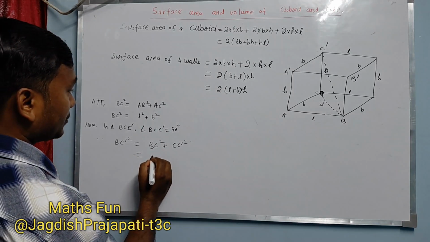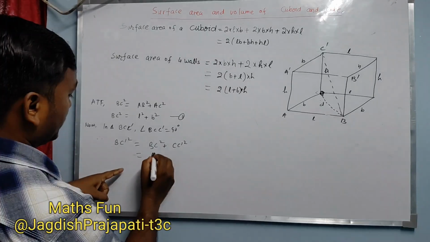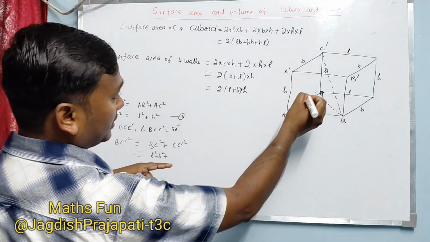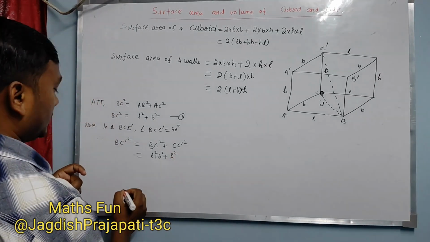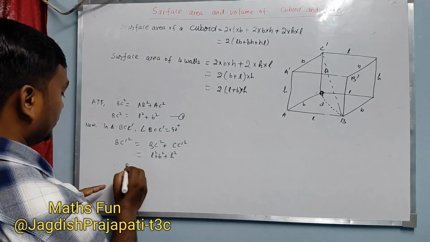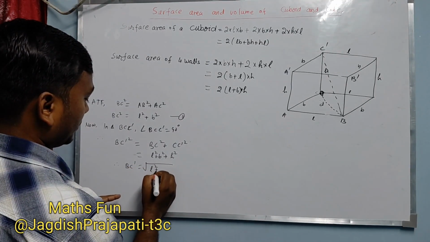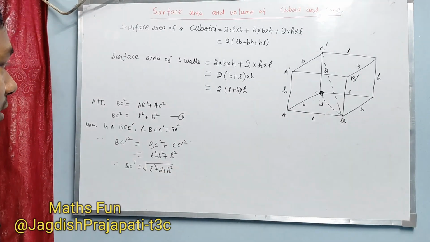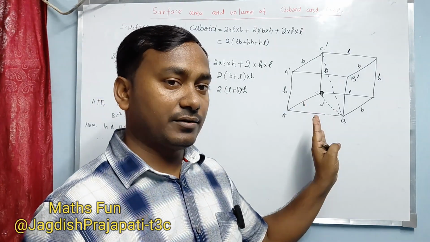So now BC square is here, L square plus B square, plus CC dash square is H. CC dash is H, so square will be H square. So this is BC dash square, and therefore BC dash will be under root L square plus B square plus H square. Okay, so I hope you understood this concept, the diagonal of a cuboid.